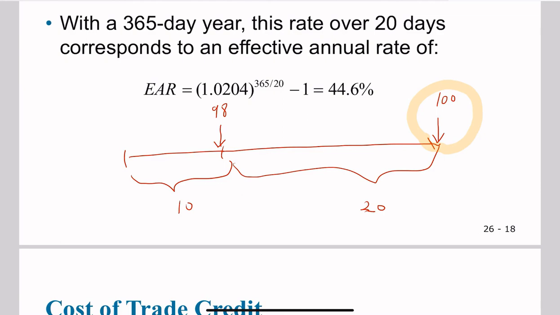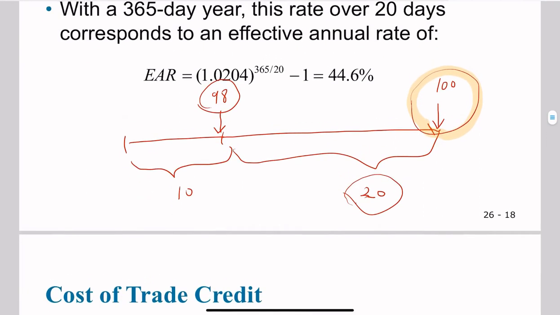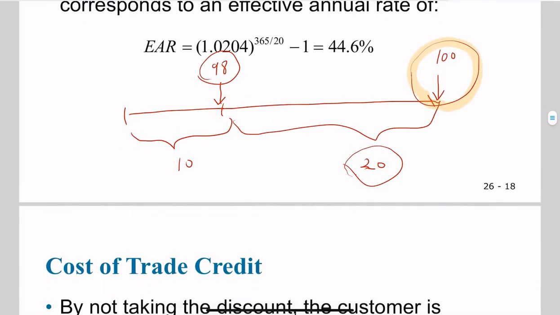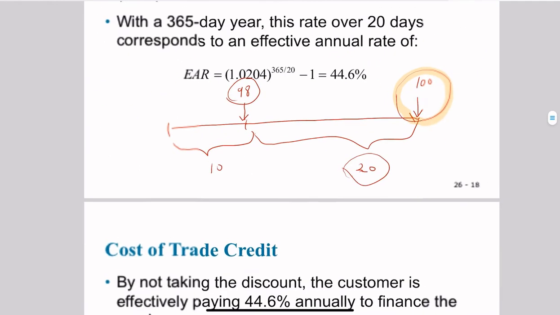And the face value of this $98 is $100, right? So now you can calculate the interest rate of this loan, right? That is, you get $98 and you use this $98 for 20 days, and then you will pay back $100. How do you calculate the interest rate? Well, it's easy, right? So the 20-day interest rate is given by, oops.